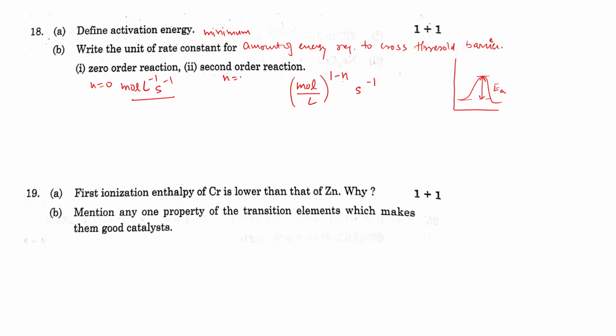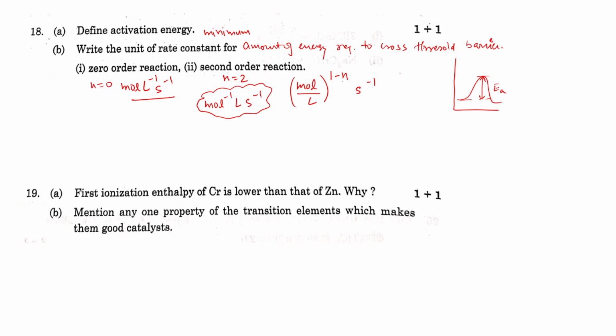For second order reaction, n is 2, so 1 minus 2 becomes minus 1. So mole becomes minus 1, liter becomes plus 1, and then we have second inverse. So this is the unit for second order reaction.